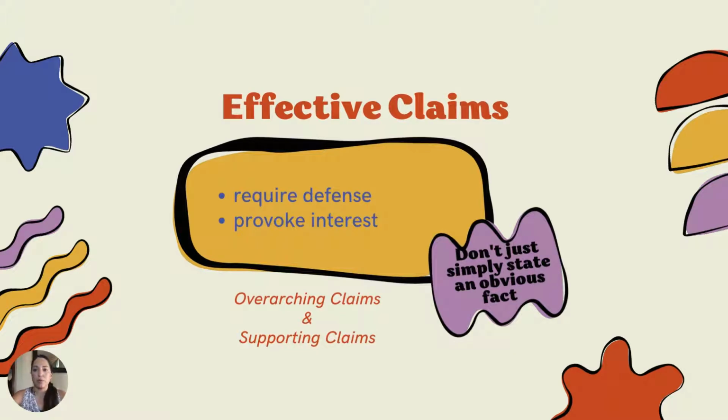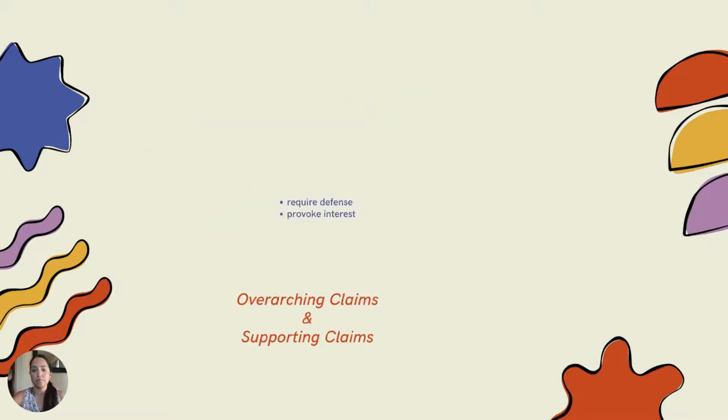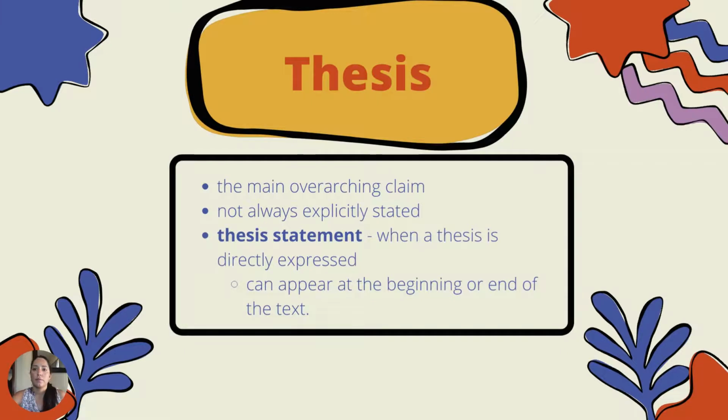First, let's begin with reviewing what an effective claim is. Effective claims require defense and provoke interest, rather than simply stating an obvious known fact that requires no defense or justification. An argument can be composed of several claims. There should be an overarching claim, which is usually supported by minor claims. The College Board primarily refers to this overarching argument as the thesis.